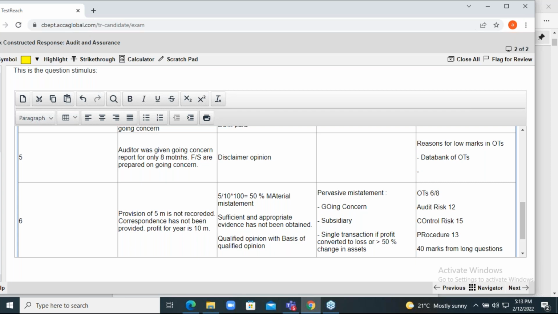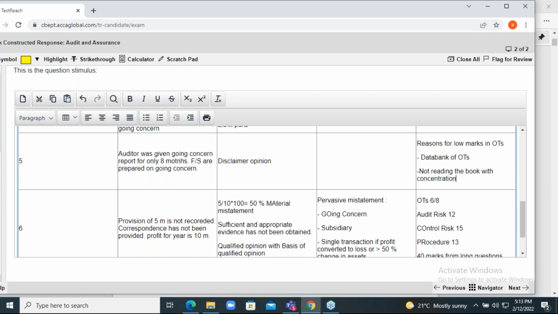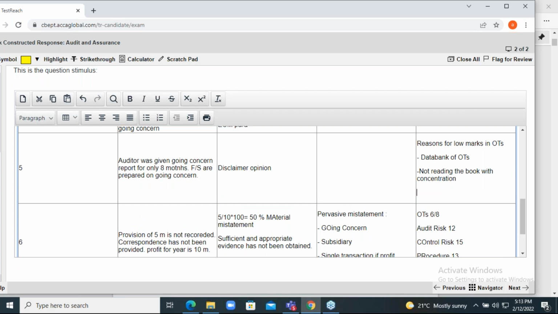The second reason is not reading the book with concentration. What students want is a shortcut through which they study just 10 to 15 days and can pass the paper. Now this type of shortcut is always risky.